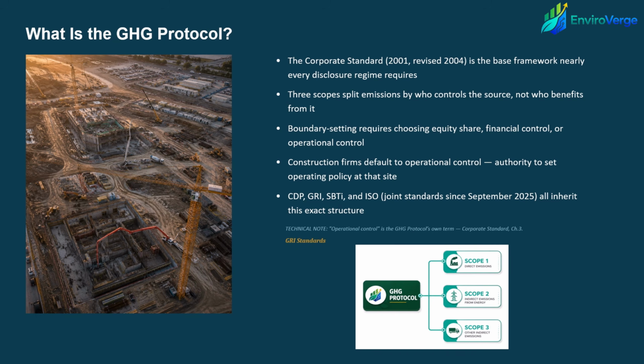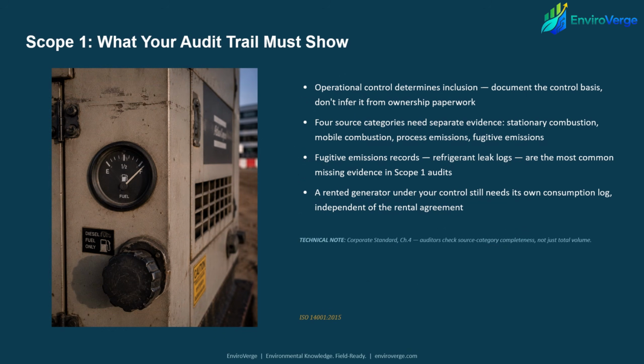Construction firms default to operational control. CDP, GRI, SBTi, and now ISO, partnered with GHG Protocol since September 2025, all inherit this exact structure. You know operational control is the test by now.